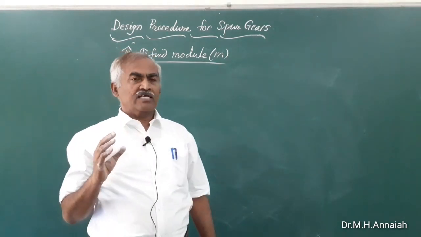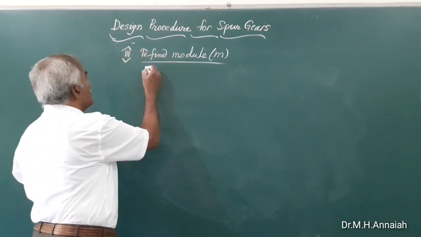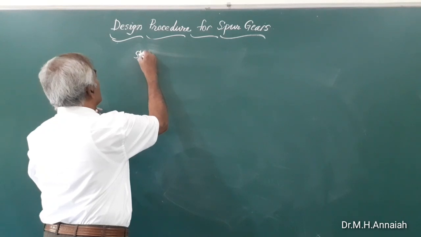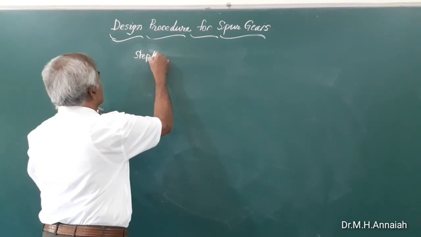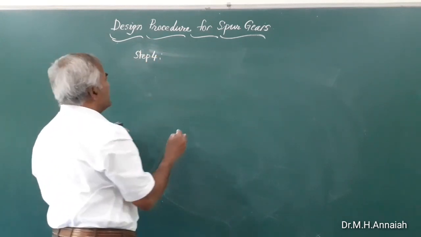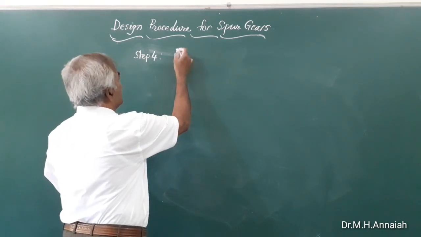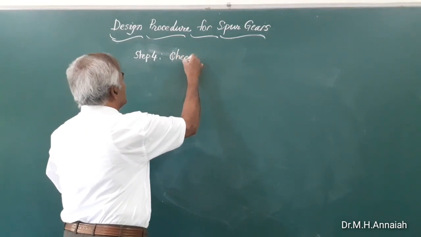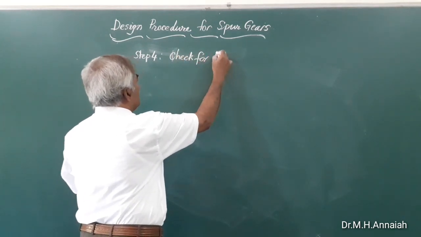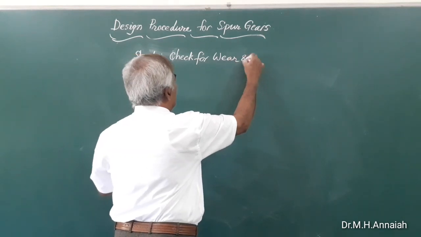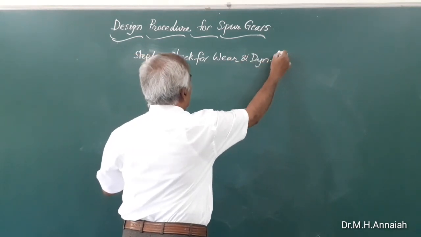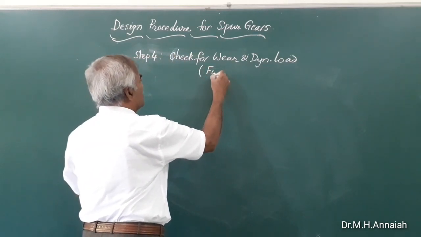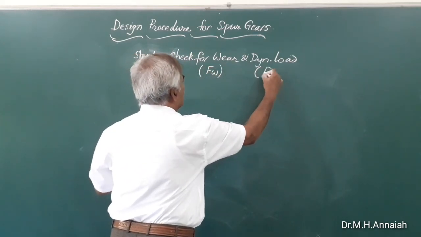And now in the next step, step number 4, which is also equally important as step number 3, we are going to check for wear and dynamic load. The wear load is represented by Fw and the dynamic load by Fd.